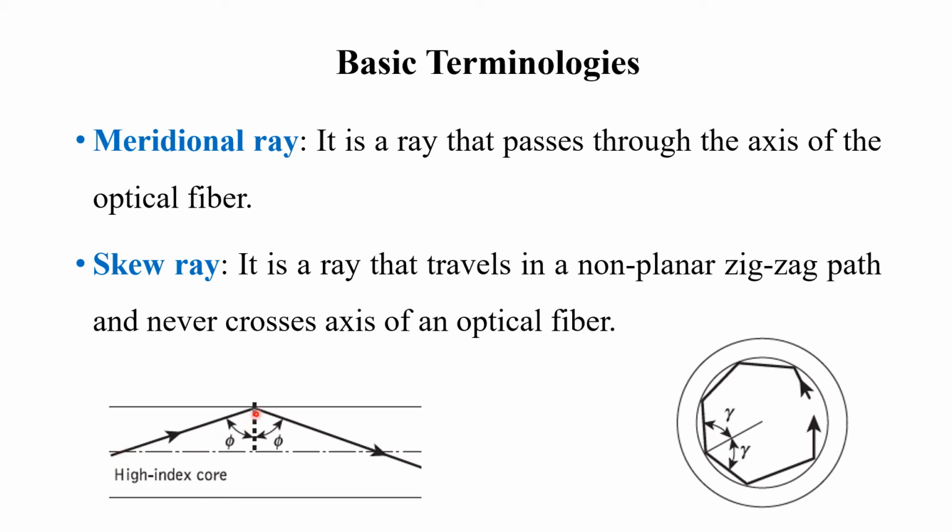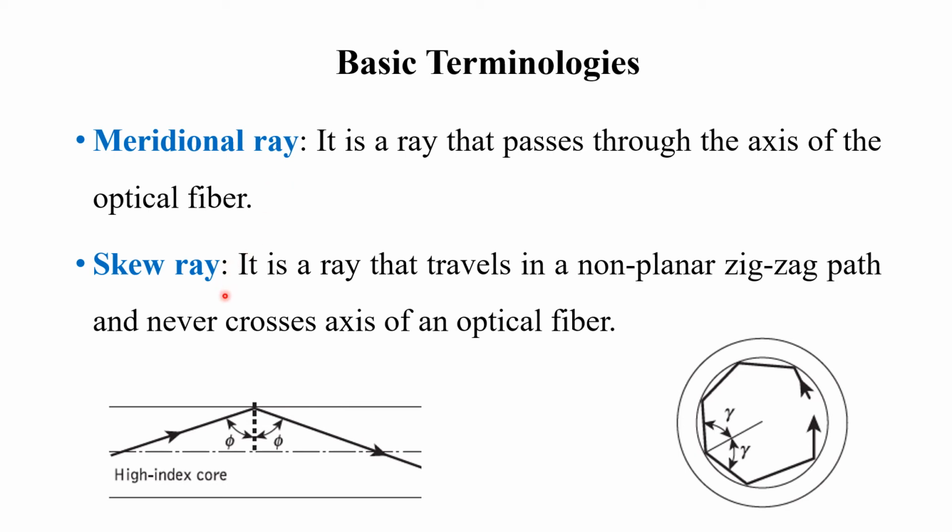Then it will hit the end of this optical core and reflect back. Again it crosses this axis, hits the other end, and moves like this. Each time it is reflecting, it is going to cross the axis of the optical fiber core. These types of rays are called the meridional rays.